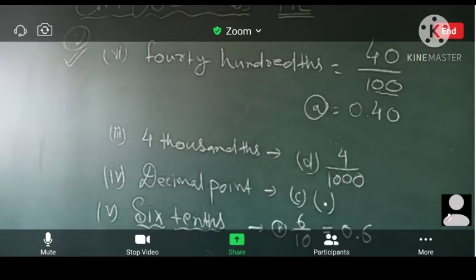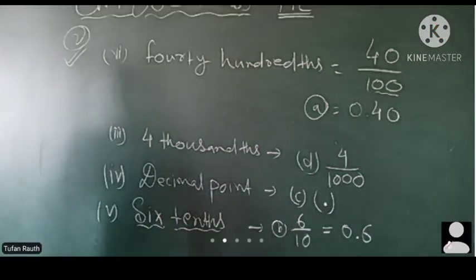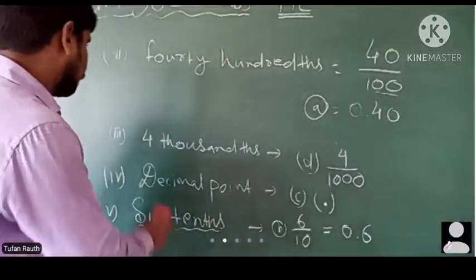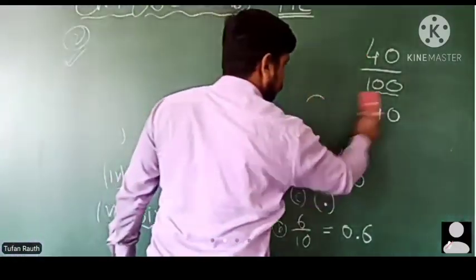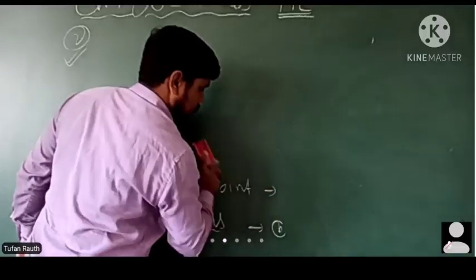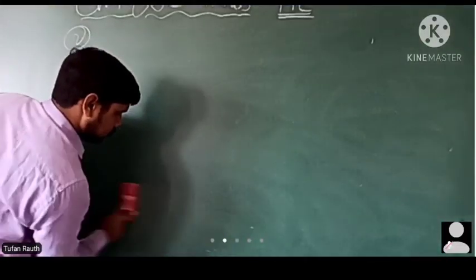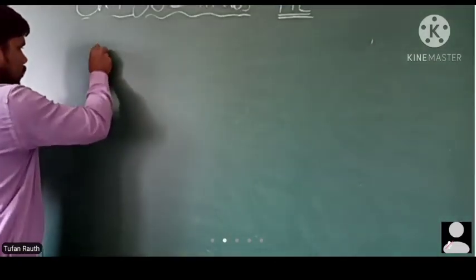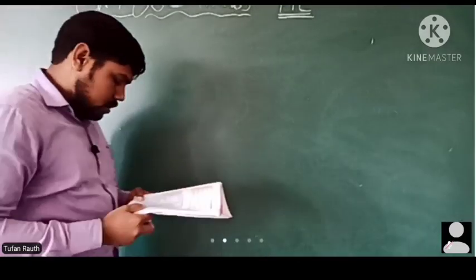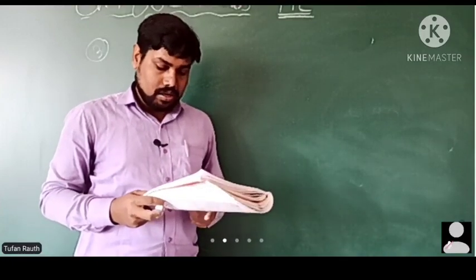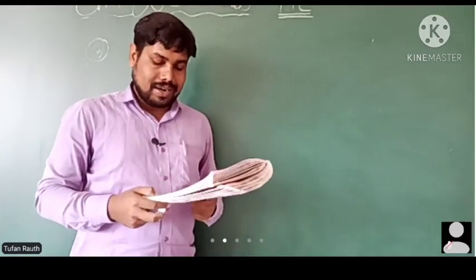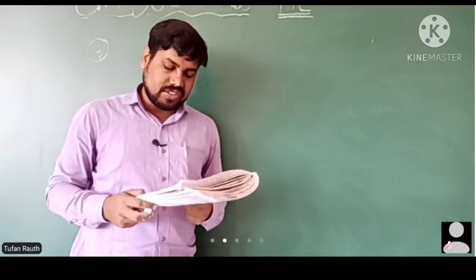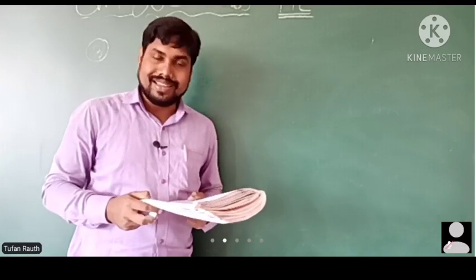Okay. Next, let's move to the third question. Question number 3: represent the following decimals in the place value chart, then write the place value of 7 in each.